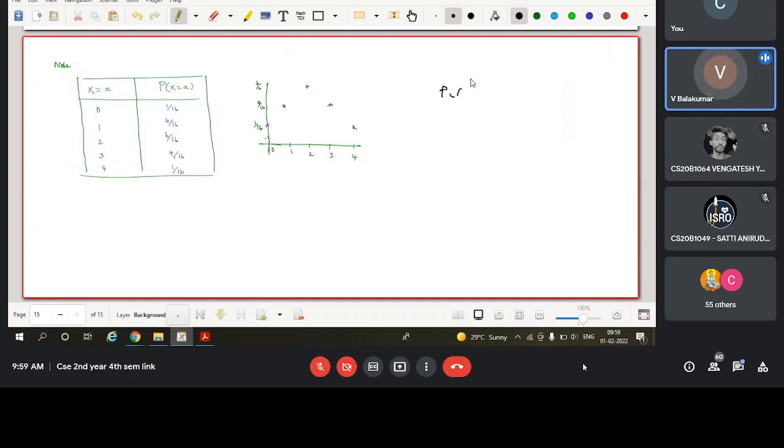This is just a specific example, so I'm explaining based on that. Later we will write in terms of theory. I want a probability for this value. The small x can be 0, 1, 2, 3, 4. For that, instead of this, I shall write a function.